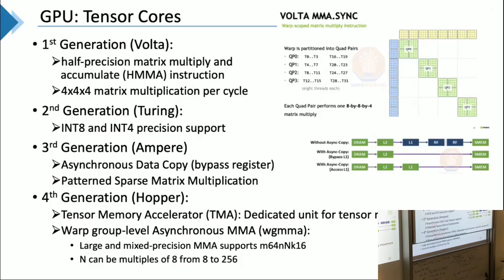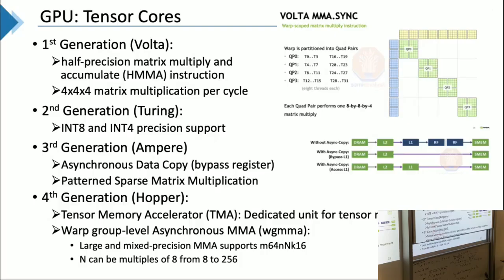So you effectively improve your memory bandwidth efficiency by four times if you reduce the data from 32 bits to 8 bits. So in the second generation of tensor core, they support integer 8 and integer 4.